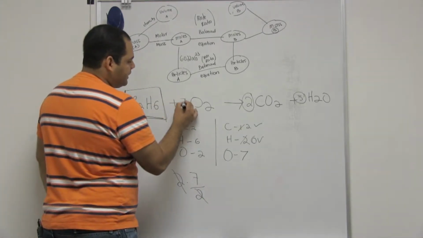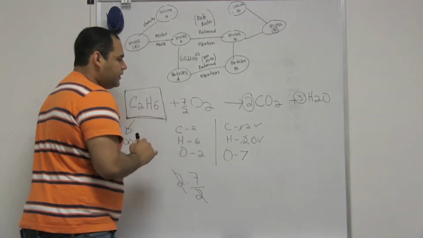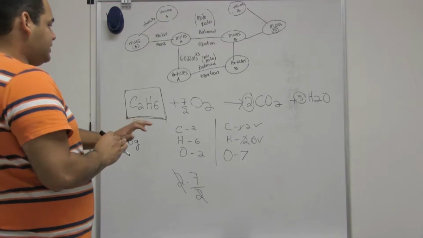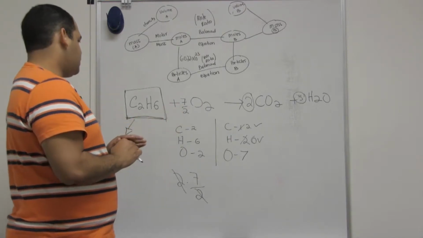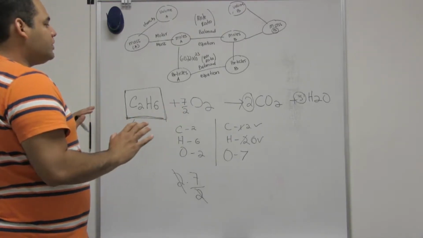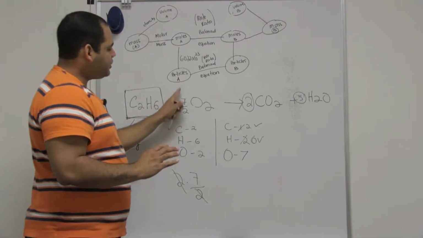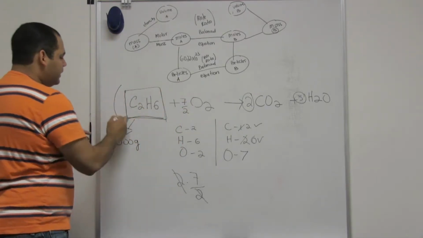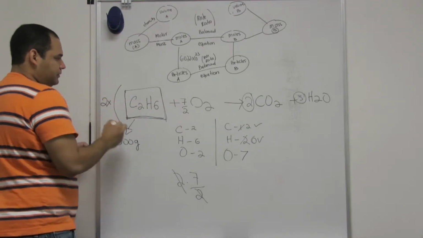So we place a 7.5 here. However, we don't like fractions in our coefficients. So in order to send this fraction away, I will multiply the whole equation by 2.